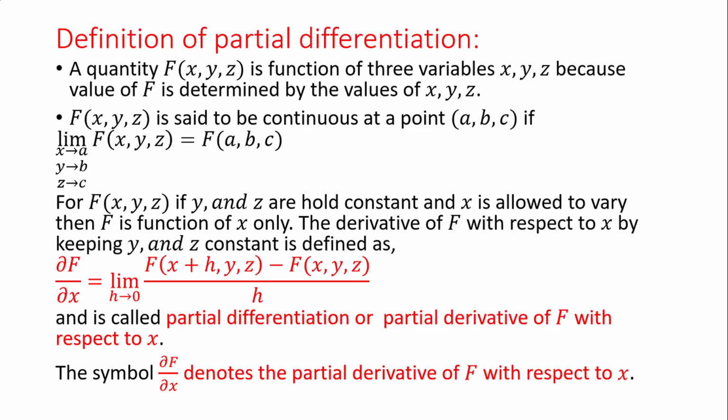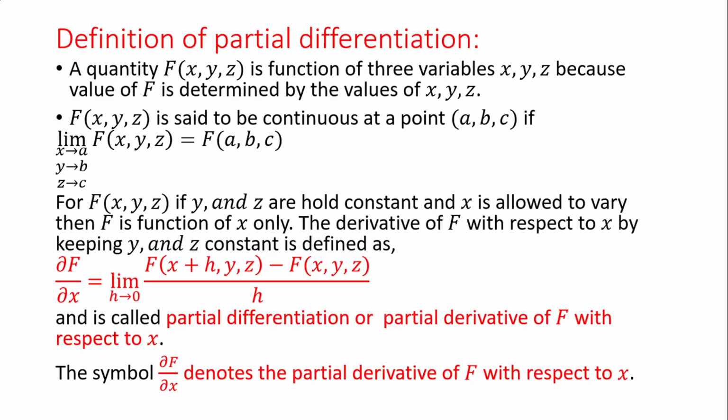Such a function f of x, y, z is said to be continuous at a point (a, b, c), for example, if within limit when x tends to a, y tends to b, and z tends to c, f(x, y, z) takes the value f(a, b, c).